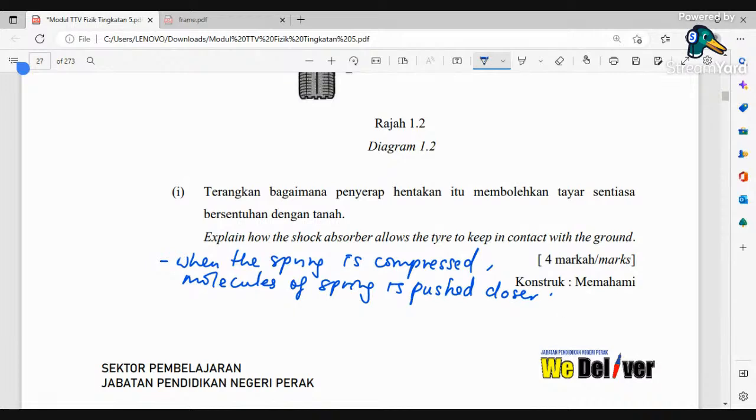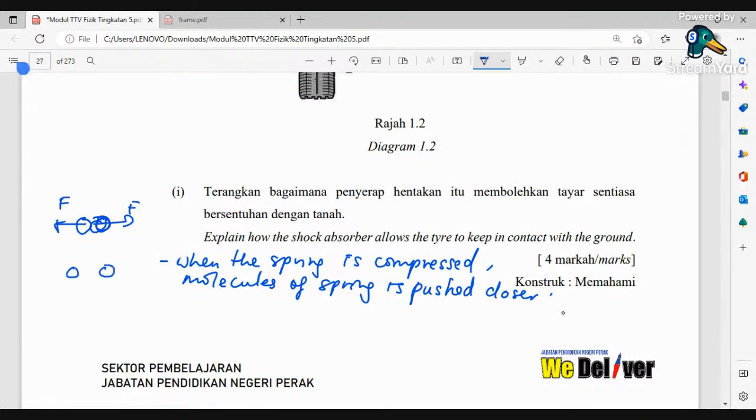So when pushed closer, actually molecules have these two forces, repel force and attractive force. Okay, macam ni, closer, become closer, so dia ada repel force.